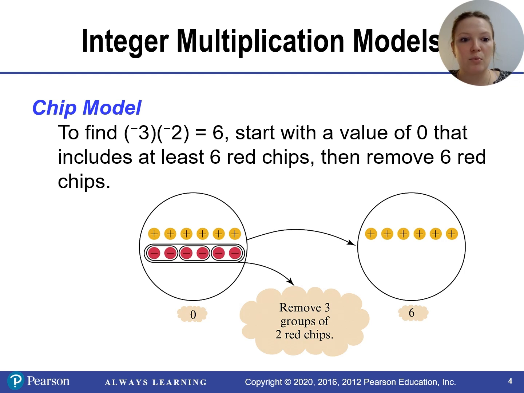So if we remove 3 groups of 2 red chips, then we can see that taking away 3 groups of -2 will leave us with +6. So if we start with 0 and we take away -3 groups of -2, then we're left with a +6.